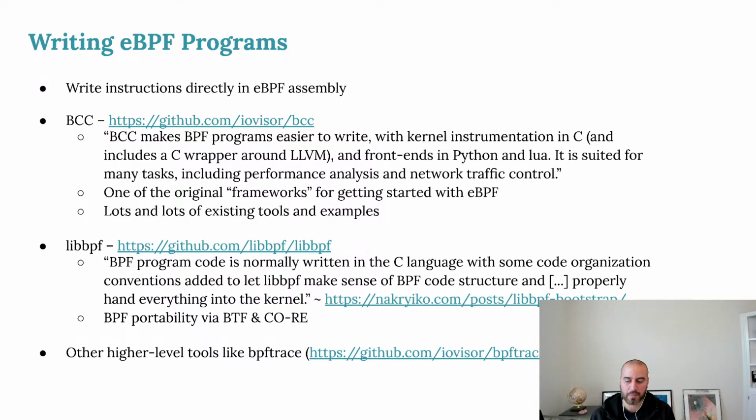You basically have a Python script that contains BPF code as C that is treated more or less as a string in Python. And then when you actually run your Python script, BCC will take that string that has your code and do the compilation with it. It basically has Clang and LLVM as part of it, and it will do the compilation on the fly when you run it.